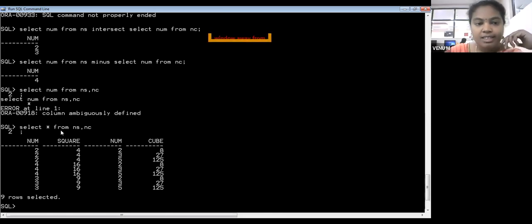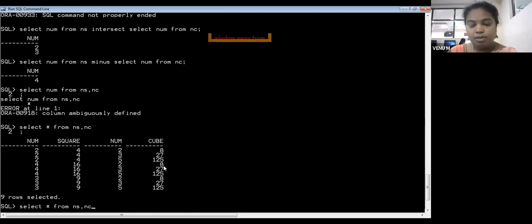Cross product acts like a join: 3 tuples are present in NS and 3 tuples are present in NC. So 3 into 3, 9 tuples are to be present. First you have to observe how the output will be matched for cross product.